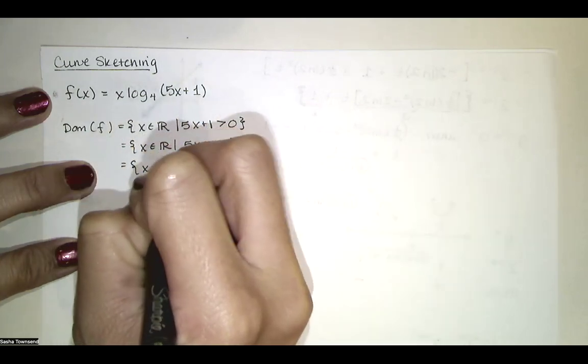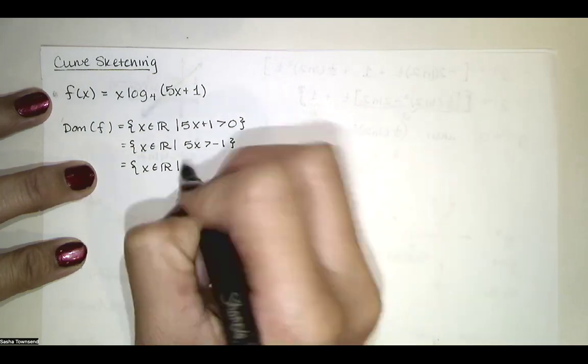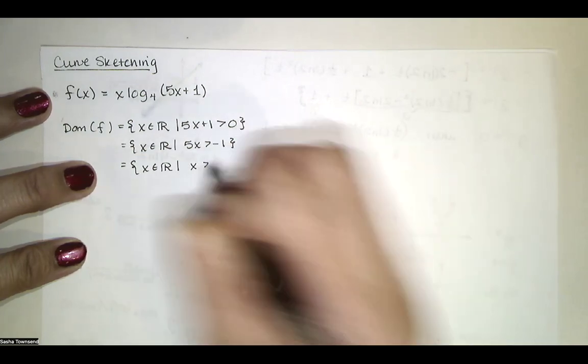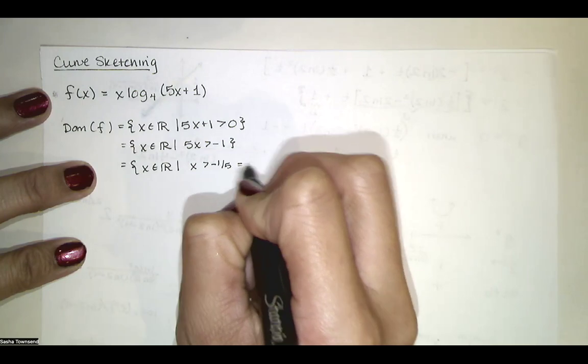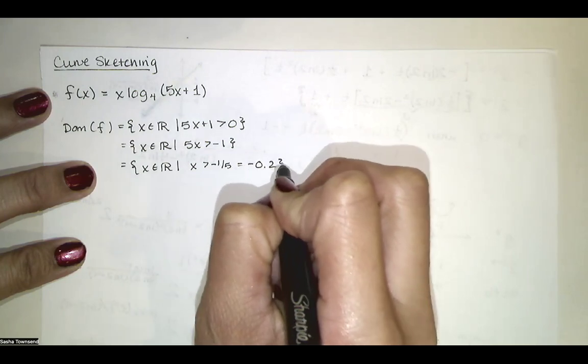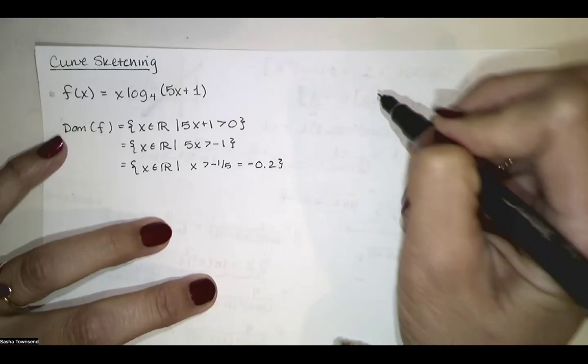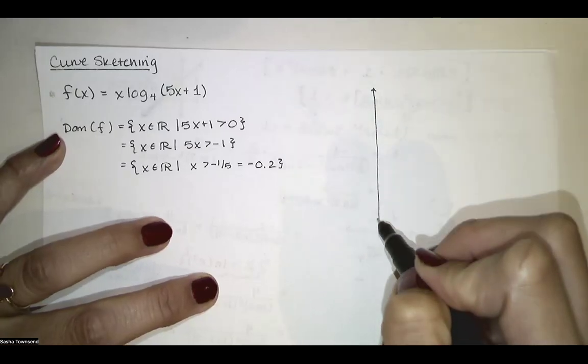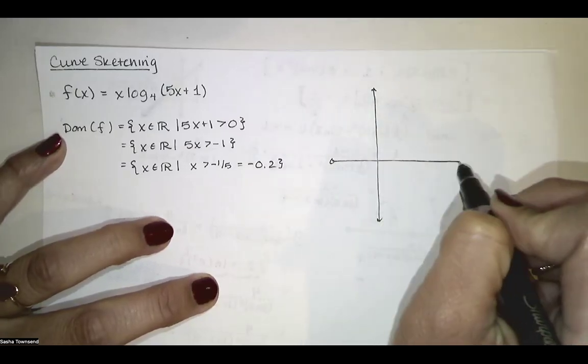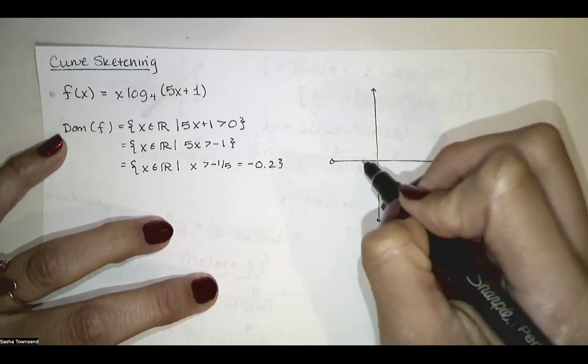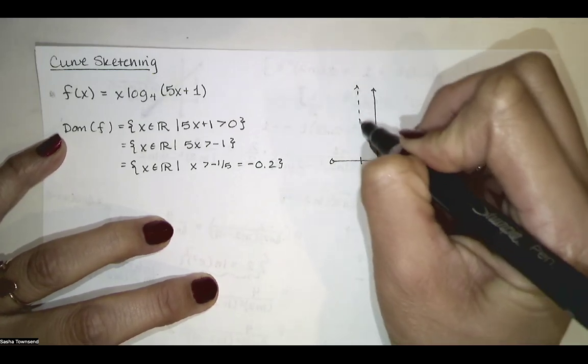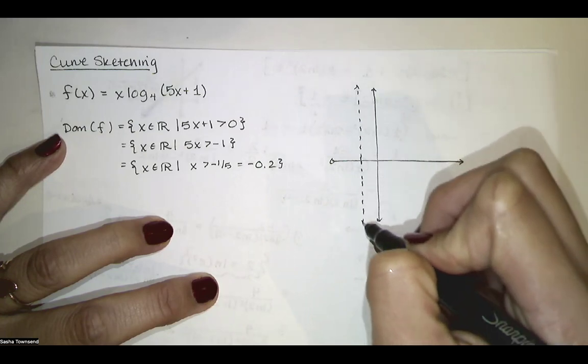And if we solve for x by dividing both sides by 5, we get x has to be greater than -1/5, or if you prefer, -0.2. So that is our asymptote. So it doesn't have an asymptote of 0, it has an asymptote of -0.2, or x equals -1/5 if you prefer.